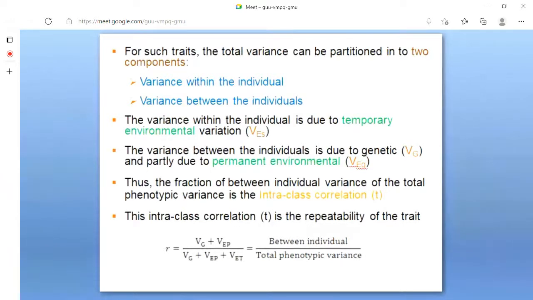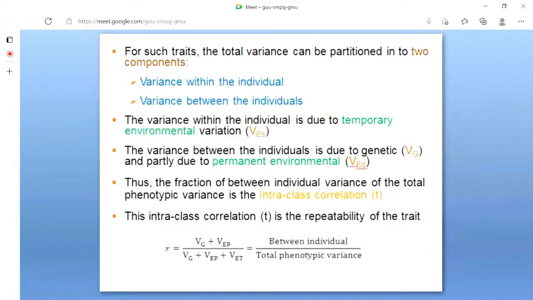The other factor is the permanent environmental factors. Suppose, for example, one sow has some anatomical defect. It may cause a permanent effect on the animal.